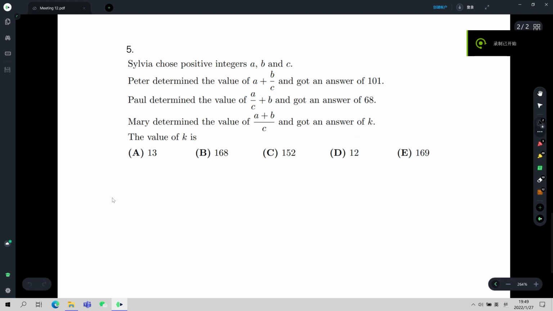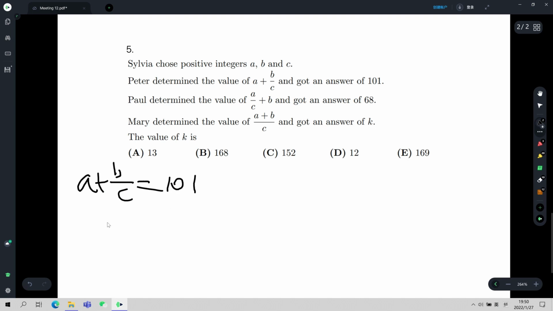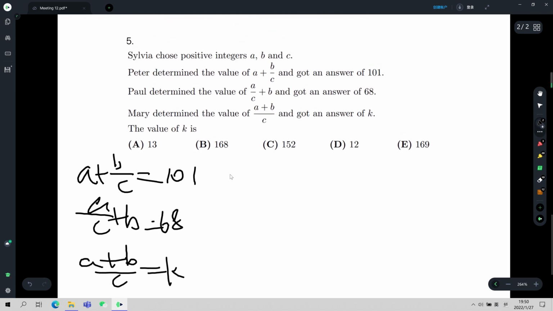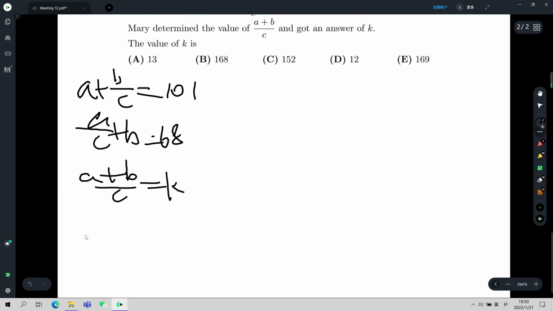Okay, let's check out the last question. So we have these 3 equations. From the third equation, we can know that a plus b equals c times k.